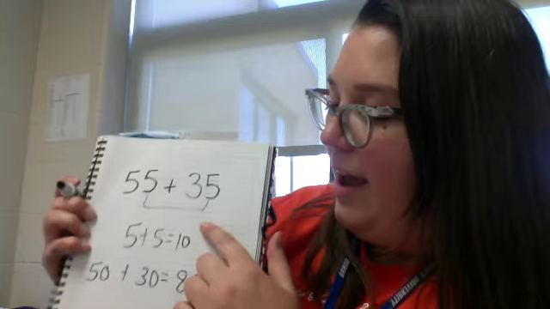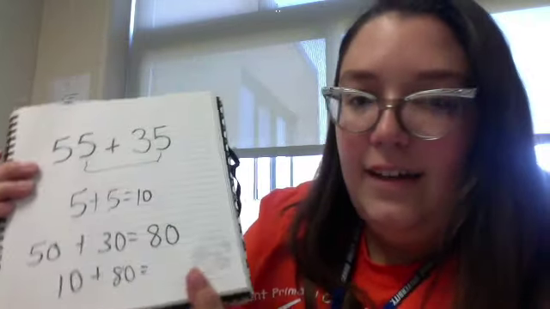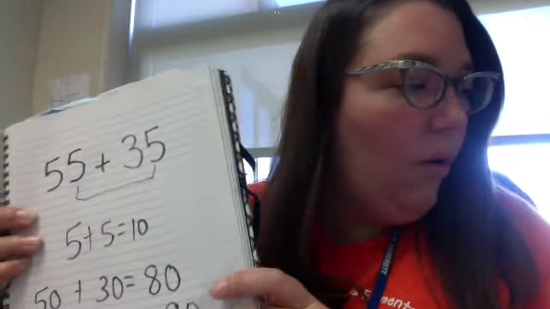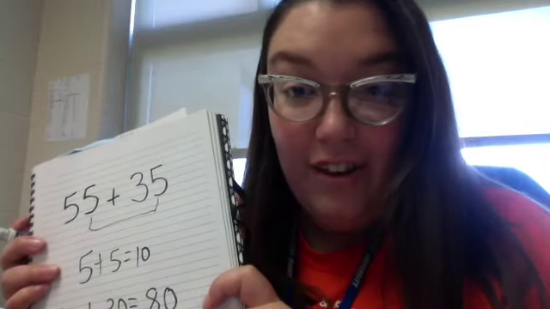And now we have a 10 and an 80 that we need to add together, right? So 10 plus 80 equals 90. So that's 90 raffle tickets that were sold on Monday and Thursday combined. Okay, that's a lot.